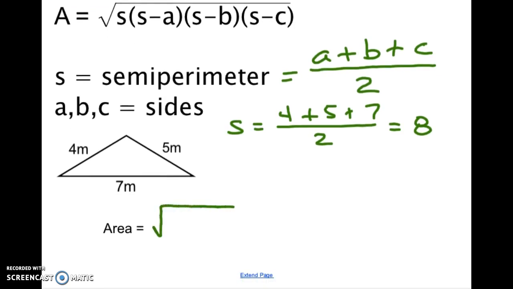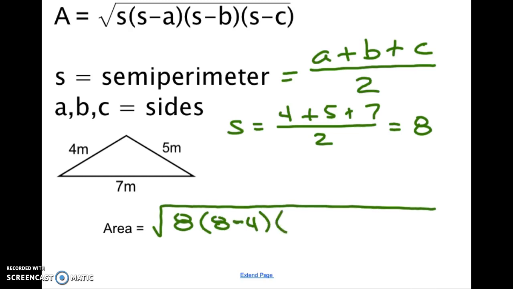Then to calculate the area, we got 8, and then we're going to do 8 minus each side. So 8 minus the 4, 8 minus the 5, 8 minus the 7.